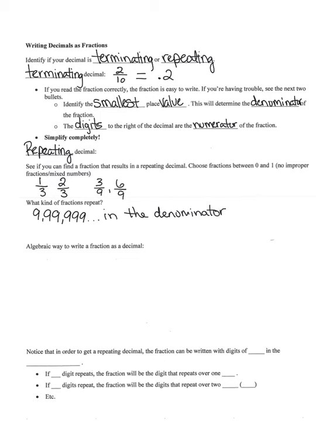And we also have two other numbers that are guaranteed to be decimals that repeat, and those are 7 and 11. So right now, before we go on to this next step where I show you the algebraic way to write these fractions as decimals, I'd like you to take the fraction, using 7 or 11 as the denominator, so 2/7.